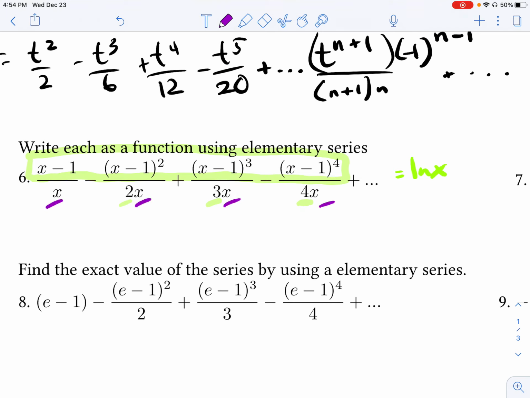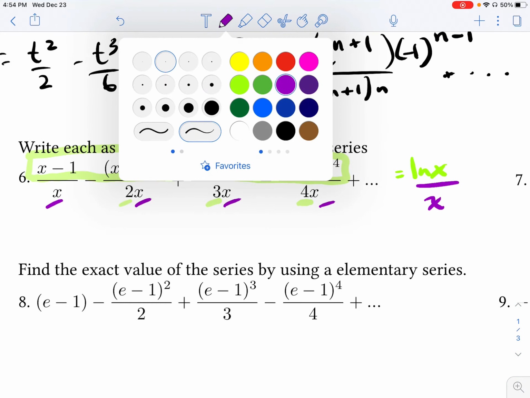In other words, this entire series that I have highlighted in green is the natural log of x series, and we're dividing everything by x. And so just taking the natural log of x series and dividing by x gives you this series that we have here. Okay, let's try number 8 now.